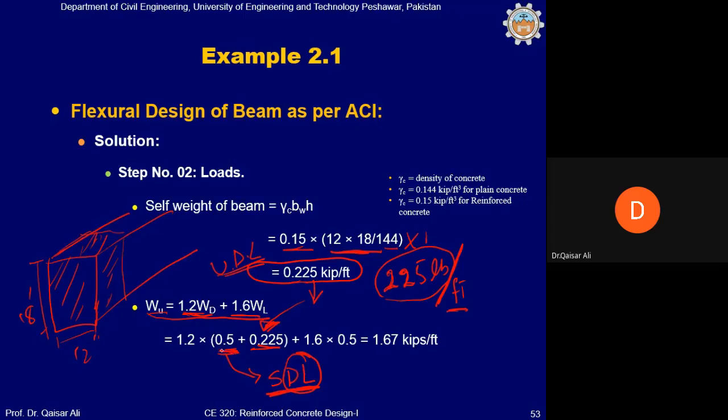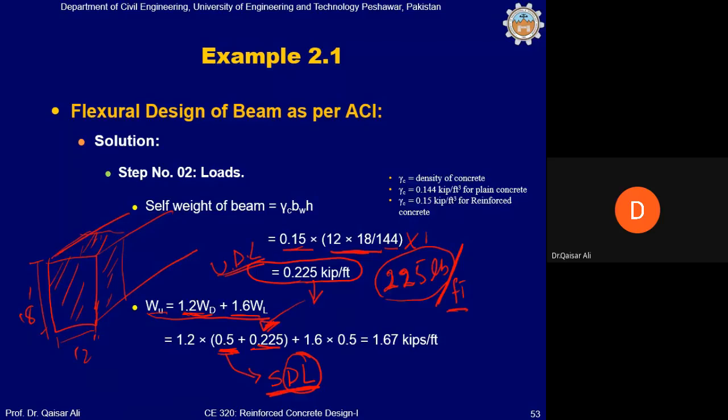So 0.5 is superimposed dead load, which can come from many sources. Let's say, for example, marble flooring is done in a room, and let's say a wall is constructed on top of a beam. Okay, so the weight of the wall will be superimposed dead load on the beam.